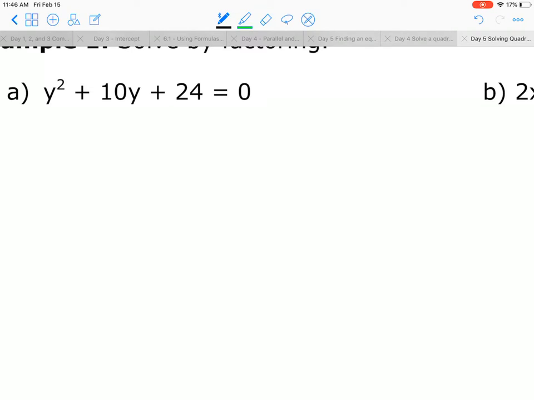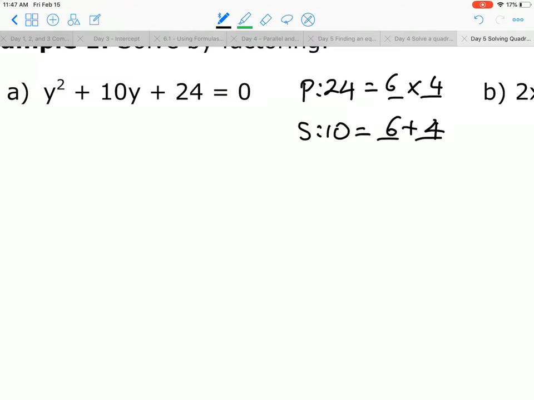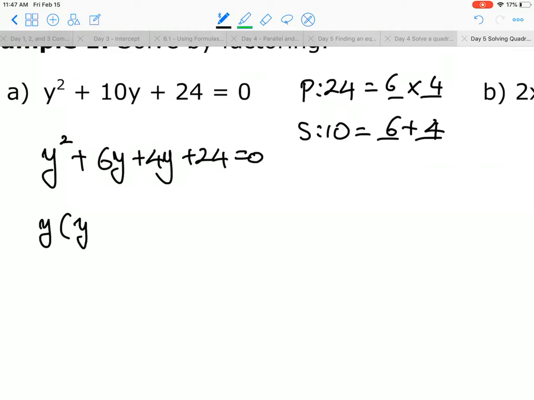So for this, the product is 24, the sum is 10, so the two numbers are 6 and 4. So then this becomes y squared plus 6y plus 4y plus 24 equals 0, and this becomes y times y plus 6, plus 4 times y plus 6 as well.